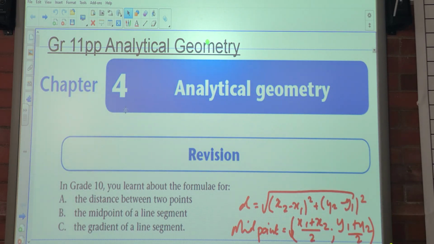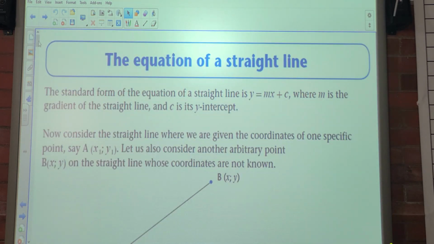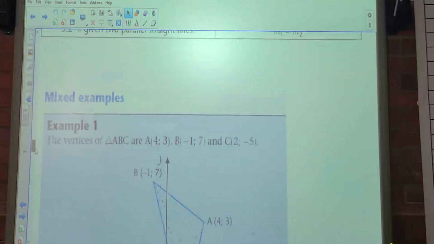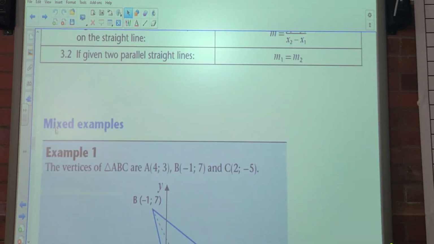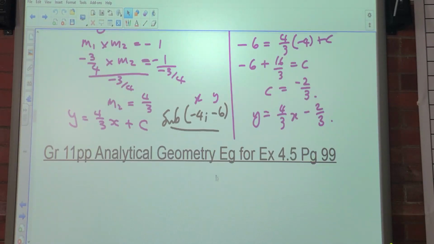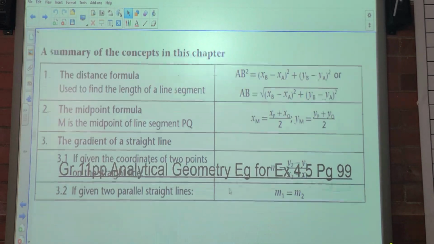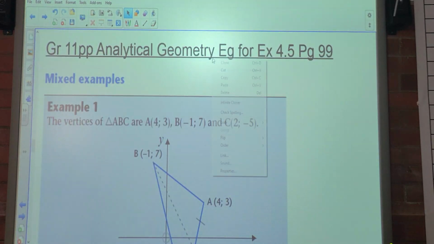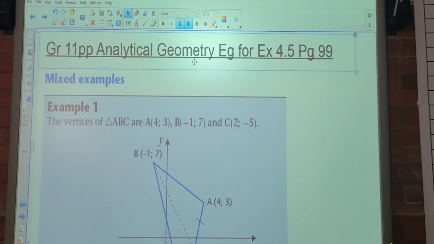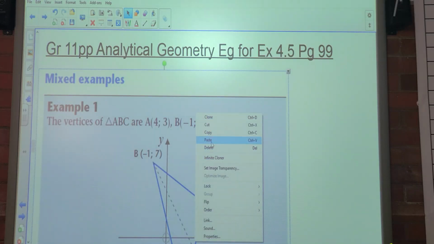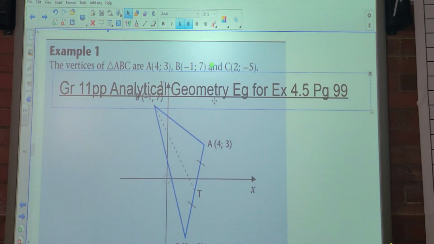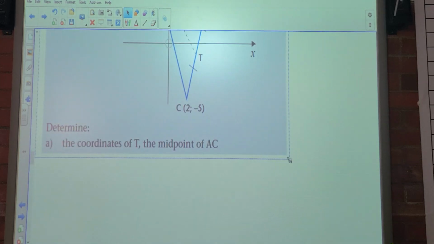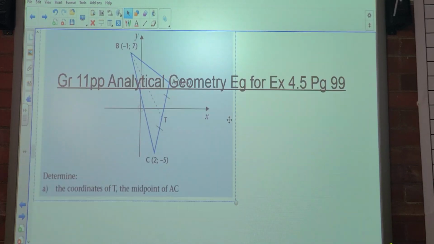So today we're looking at analytical geometry, looking at the mixed examples. At this point we have dealt with all the formulas. Now we're just using those formulas in these mixed sums.